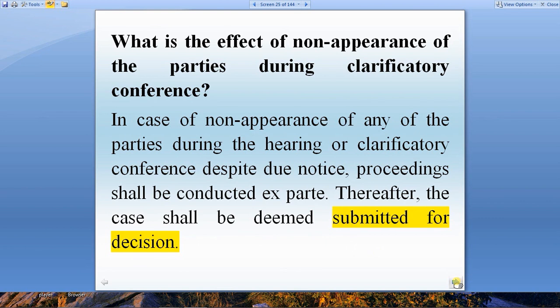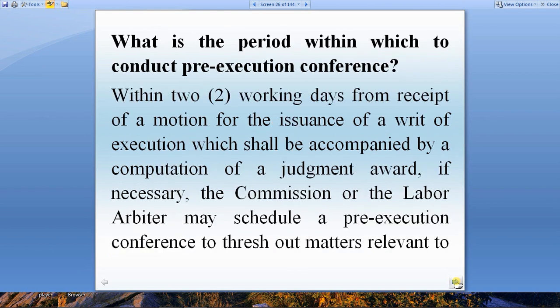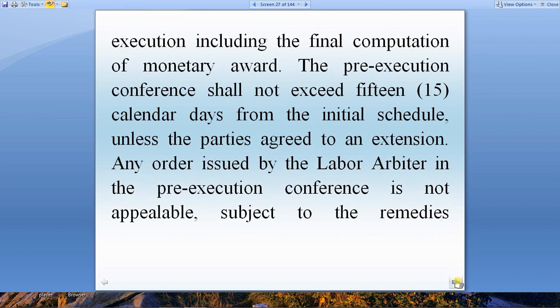Next, what is the period within which to conduct pre-execution conference? So, within 2 working days from receipt of the motion for issuance of a writ of execution, accompanied by computation of judgment award if necessary, the commission or the arbiter may schedule a pre-execution conference to thresh out matters relevant to execution, including the final computation of monetary award. So, hindi siya mag-exceed ng 15 calendar days from initial schedule unless the parties agreed to an extension.